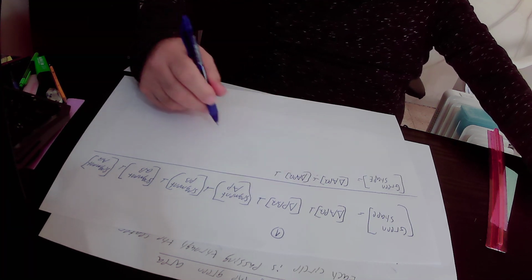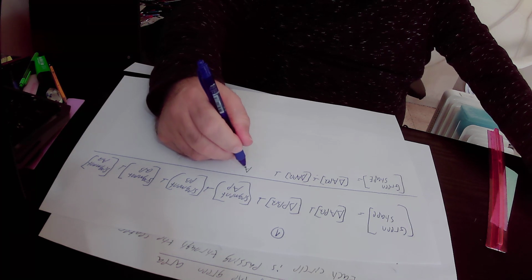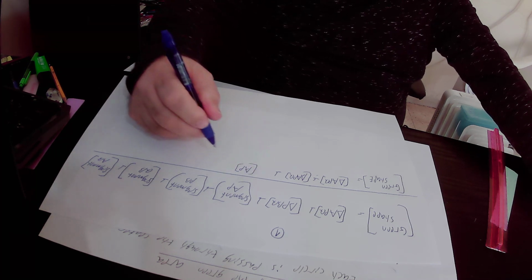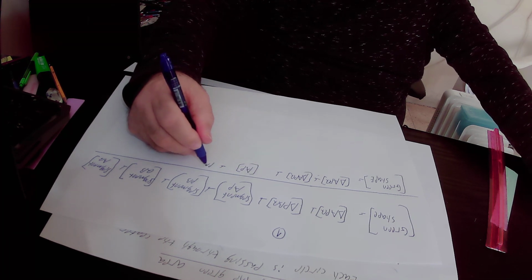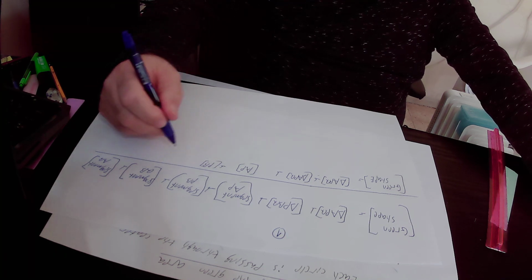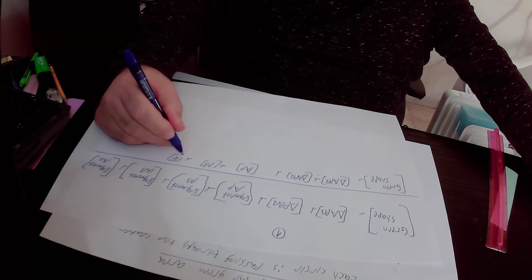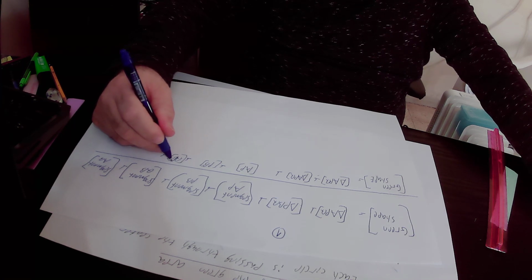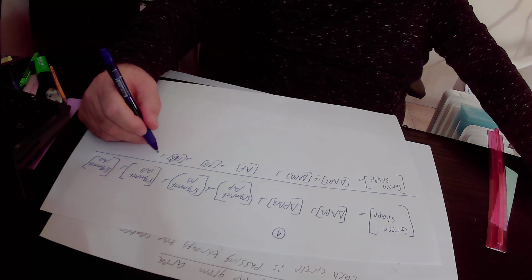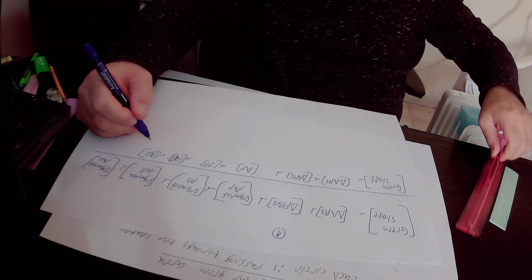Plus the area of segment AP plus the area of segment PB plus the area of segment QB plus the area of segment AQ. Okay.